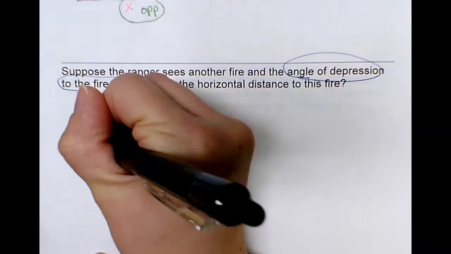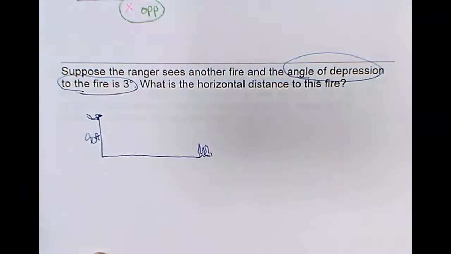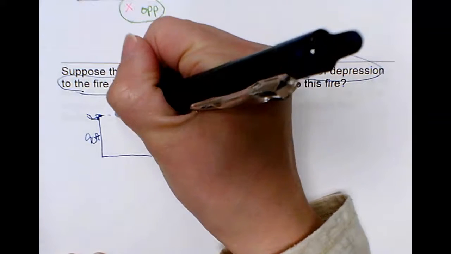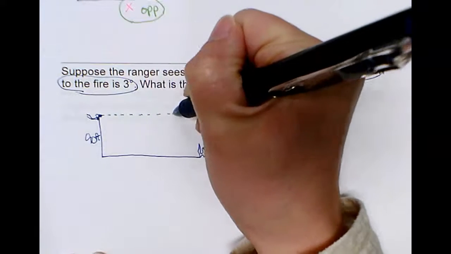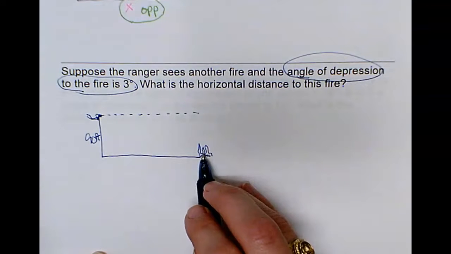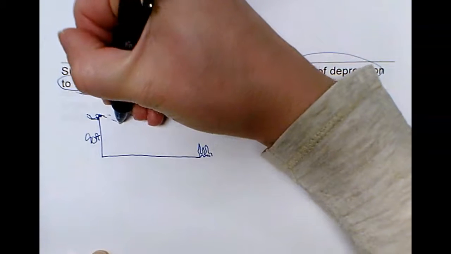He's 90 feet in the air. This fire is different than the other fire, so the distance from the observation tower to the fire is not the same. The angle of depression is created by a horizontal line and a line of sight to something below that horizontal line. So that's all the way down here to the fire.